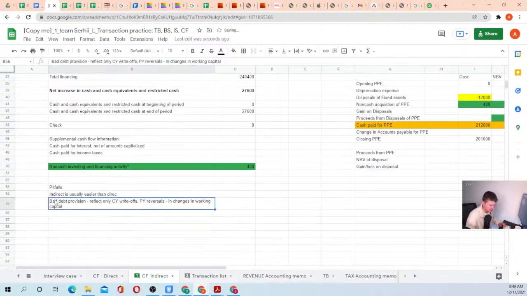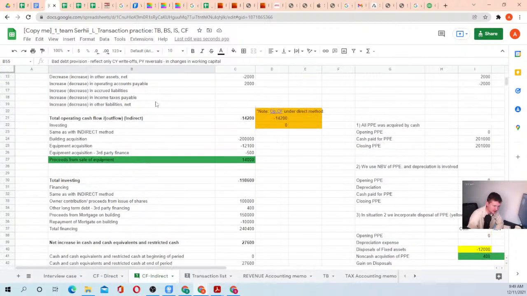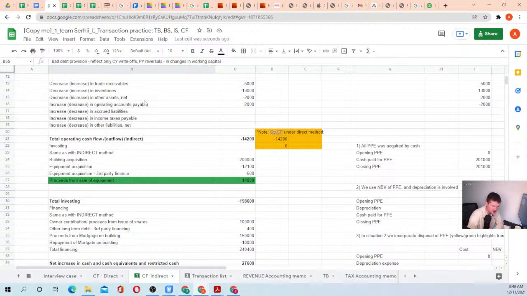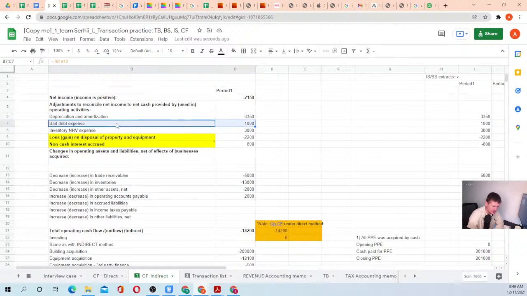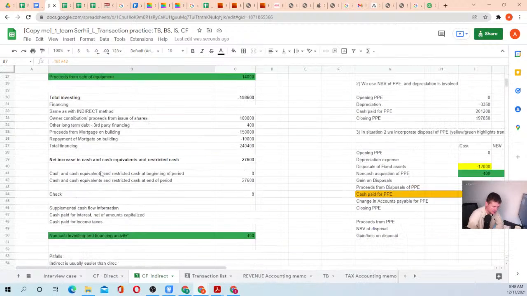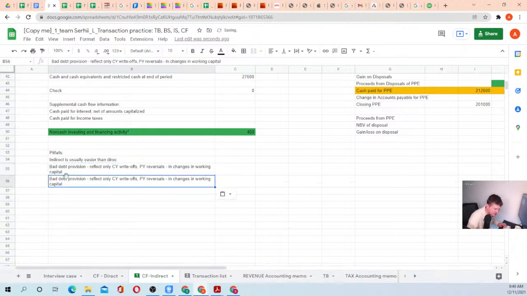So that might sound complicated, but if you've got some opening accounts receivable provision, and then you were able to recover money from that provision, and then you accrued new provision in your cash flow, non-cash movement, you will only show current year bad debt new provisions, and the same stays for inventory.